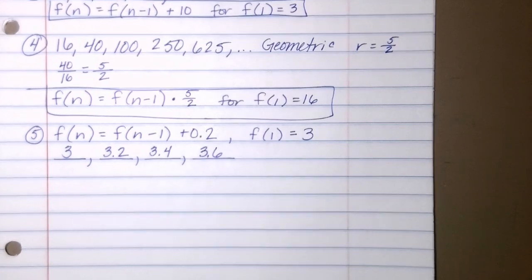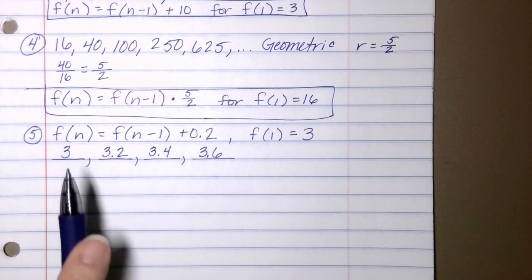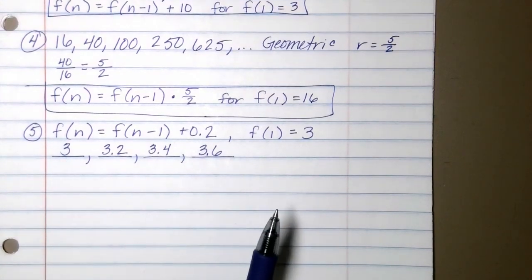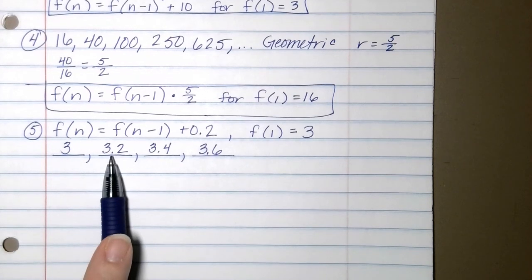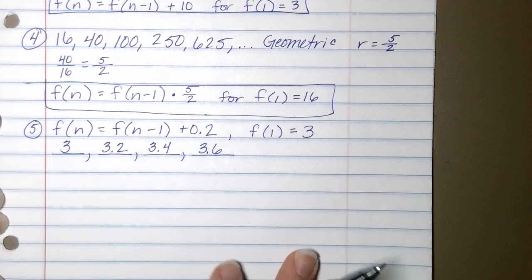Does that make sense? Now, the trick about these ones, especially come test time, is if you get the first term wrong, the rest of them are wrong too. If you get the second term wrong, the third and fourth are guaranteed to be wrong. There's no way around that when we're doing recursive stuff like that. Okay? All right, one more.